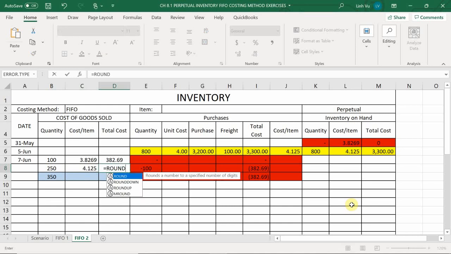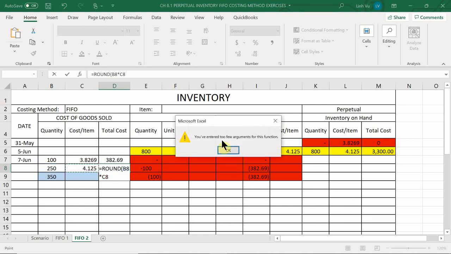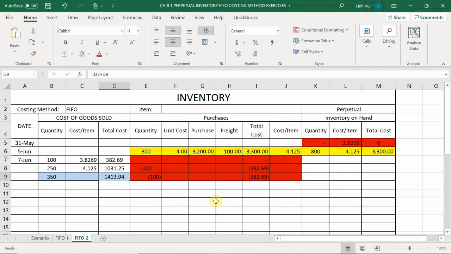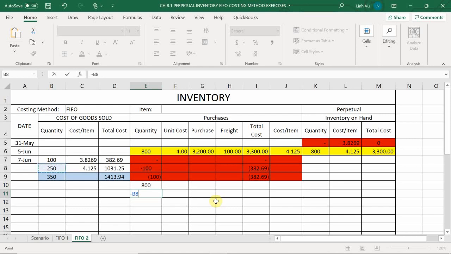So what is my total cost of goods sold here for selling the 250 items at $4.125? $1,031.25. Good. Okay.